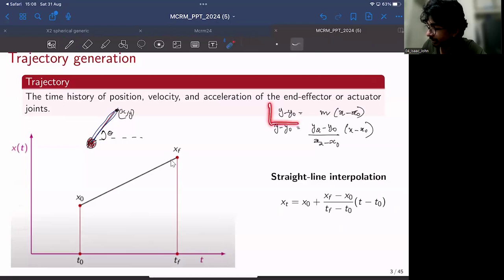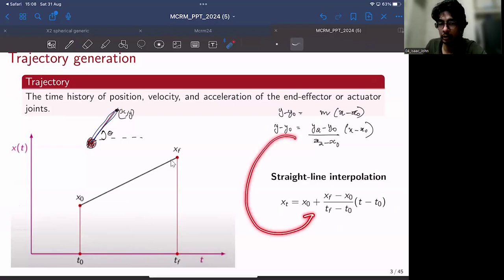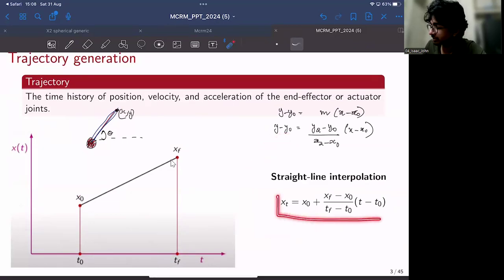Instead of y, we are interpolating this joint variable or task space variable x, and our independent coordinate would be t. So simply rearranging the straight line equation to our context, we get this interpolation.